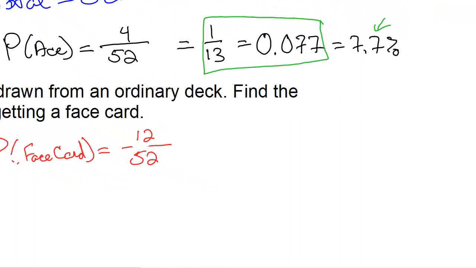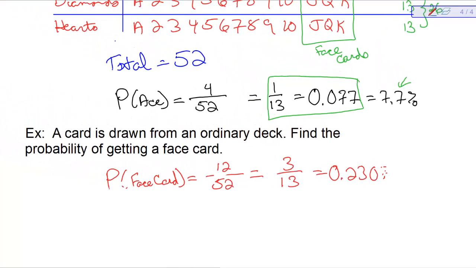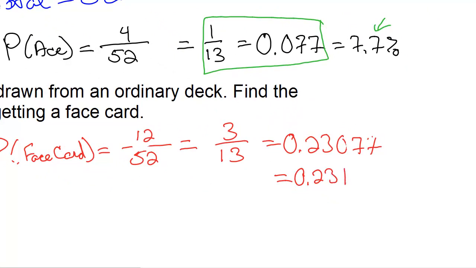So that's 12 out of 52, which is going to simplify into 3 out of 13, which is also the same thing as 0.23077, which if I round that to 3 decimal places, that's going to be 0.231. I can either leave it as 3 out of 13 or 0.231. And these are ways of doing classical probability, which is what we tend to do most of the time in what we're looking at.